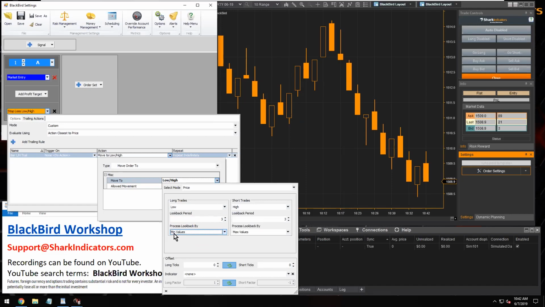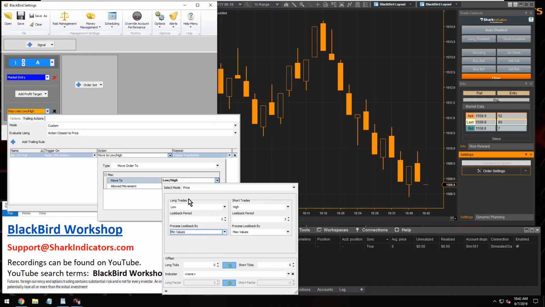It's already set to the minimum value. So that will now trail the stop loss using the lowest low of the last 3 bars, like so.